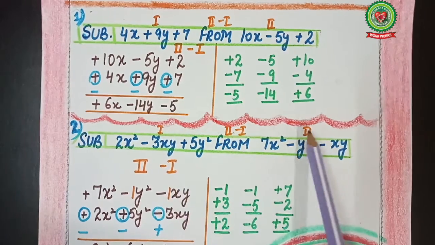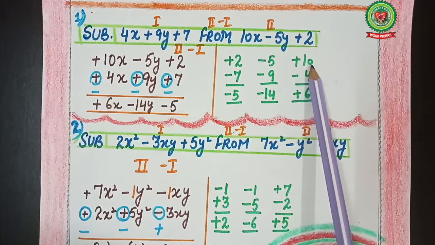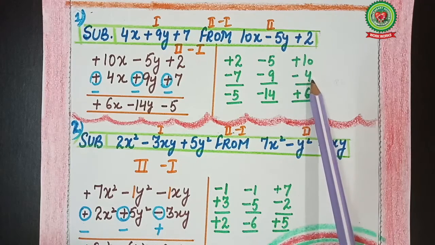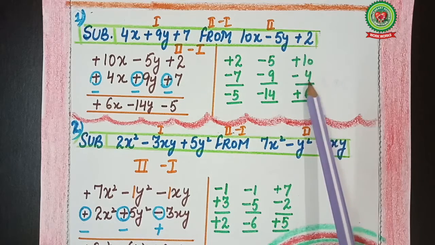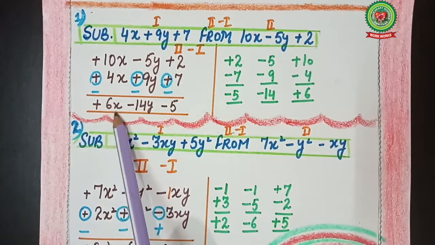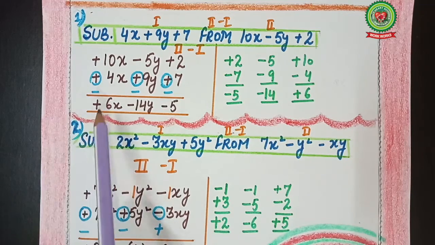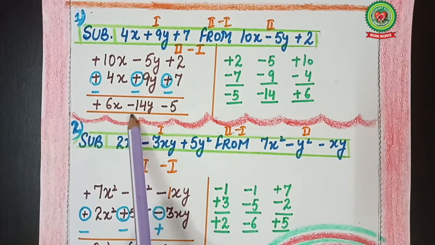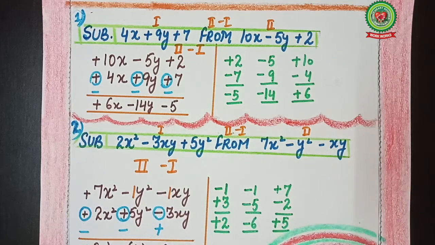Next one is plus 10x minus 4x. Again you will write plus 10 and minus 4. So plus, minus: take the sign of the bigger term and subtract the numbers. So 10 minus 4 is 6. So here you will write plus 6x. So the answer is plus 6x minus 14y minus 5.